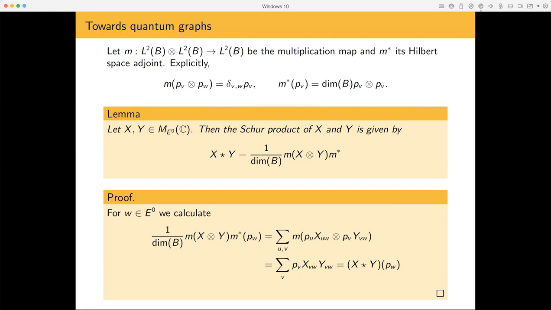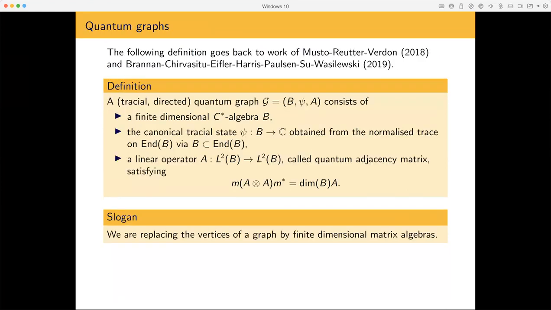Yeah, I like that. Okay, so now with that in place, I can tell you what a quantum graph is. The definition I've written down here goes back to work of Musto, Reuter, and Verdon, and all the 7 authors listed next, which I'll not read out.